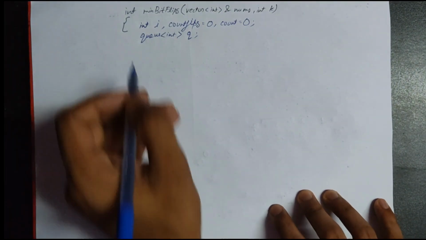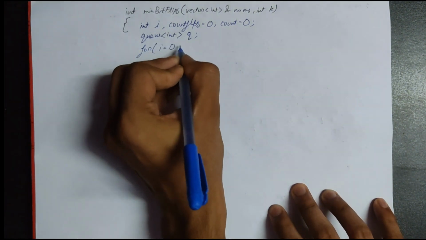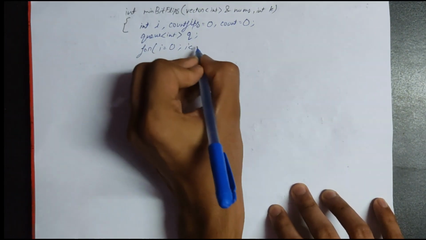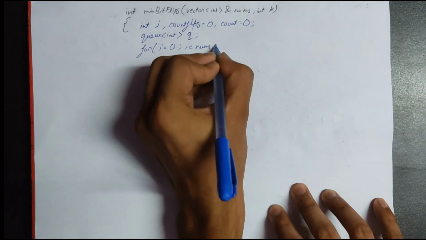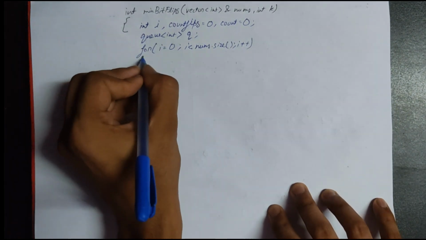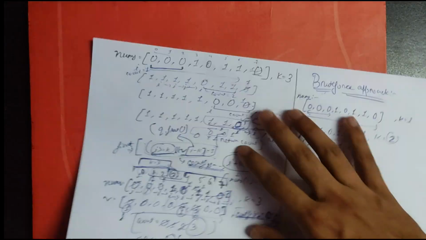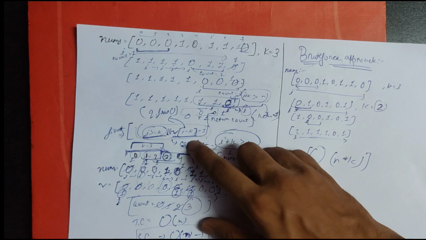Now just simply run a loop for the i, which will start from 0 and run till the size of the given array, nums.size(), and i++. Now in this for loop, first we have to check this condition as I explained. If this condition holds, then the value of count flips will be decremented.